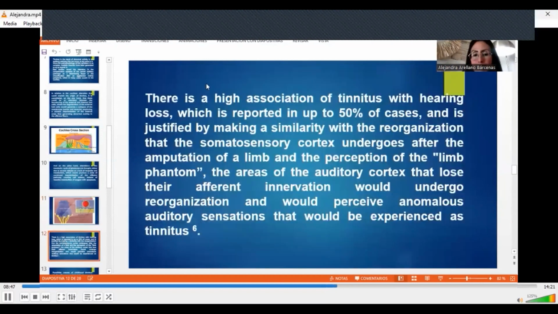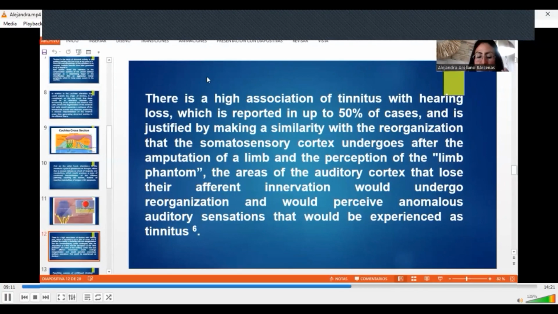And we have a high association of the symptom with hearing loss, which is reported in up to 50% of cases. And it is explained by a similarity with the reorganization that the somatosensory cortex undergoes after the amputation of a limb, which we call the phantom limb.